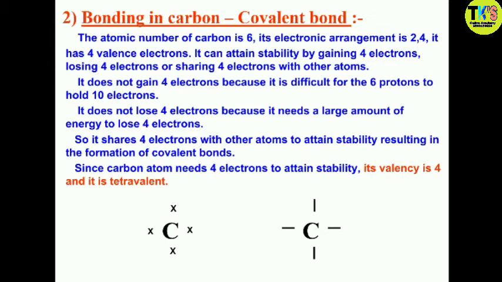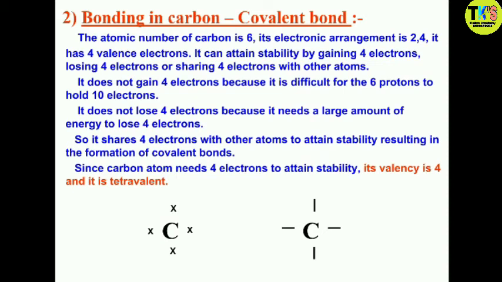Dear friends, what do you mean by a valence electron? The number of electrons present in the outermost shell of an atom is called valence electrons. Here the number of electrons in its outermost shell is 4. That is why it has 4 valence electrons, or we can say its valency is 4.